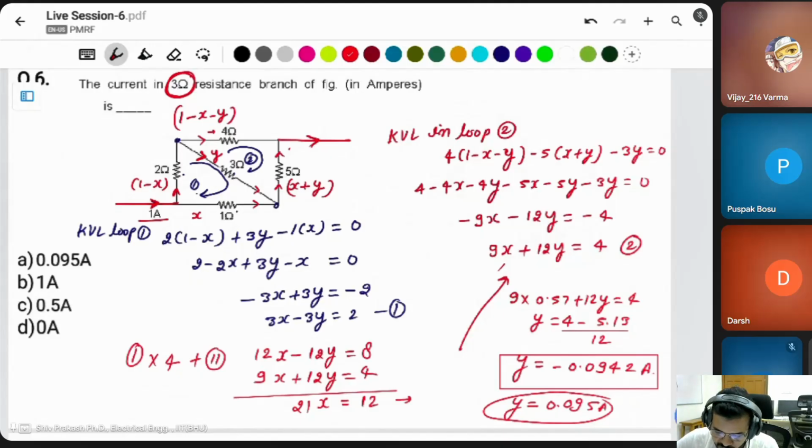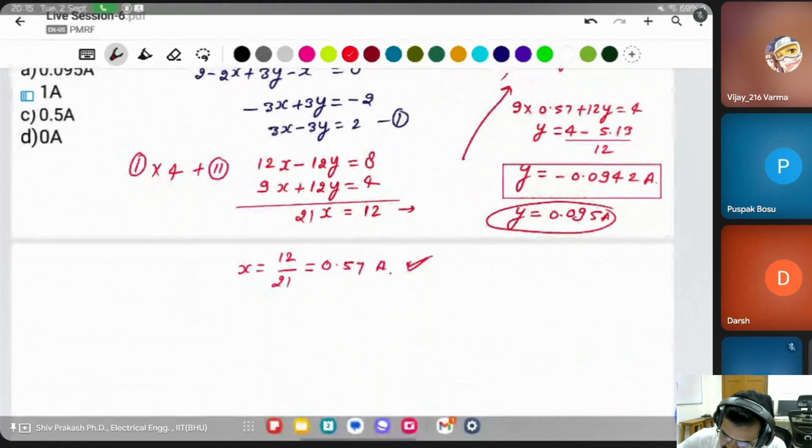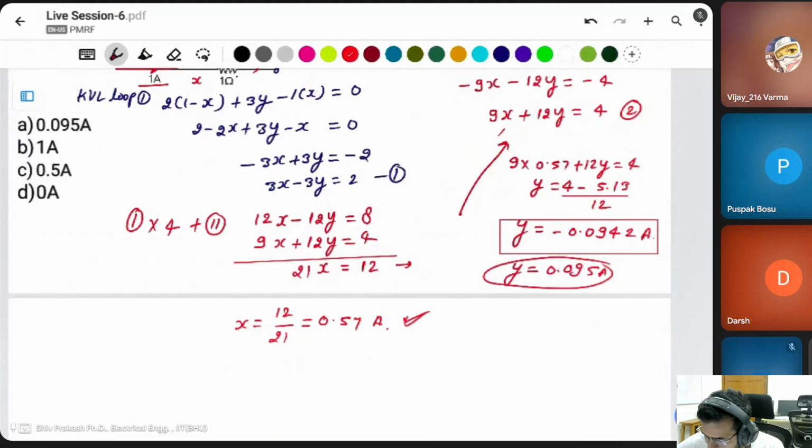In this type of question, if the question is asking about a particular resistor, then find that resistor's current directly. This current is Y. Then there is no need to find the X ampere.